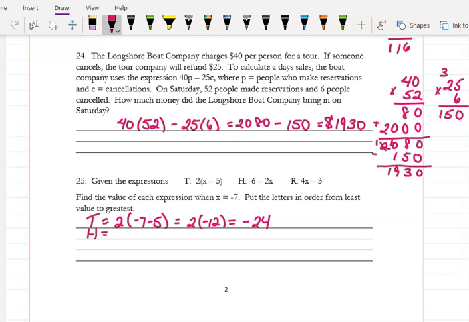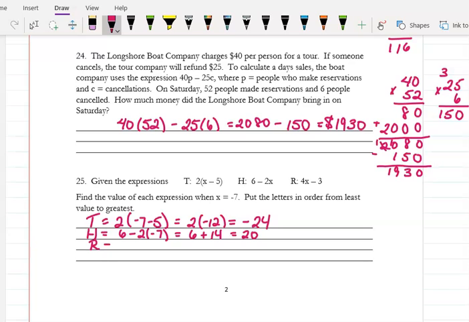Then H, we have 6 minus 2 times negative 7. Okay, so 2 negatives again becomes positive, so 6 plus 2 times 7 is 14, and that would be 20.